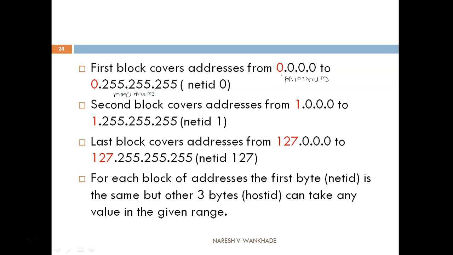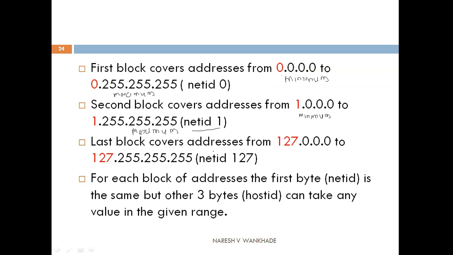The second block covers addresses from 1.0.0.0, which is the minimum value, to 1.255.255.255 when net ID is 1, means this value is the maximum when net ID is 1.